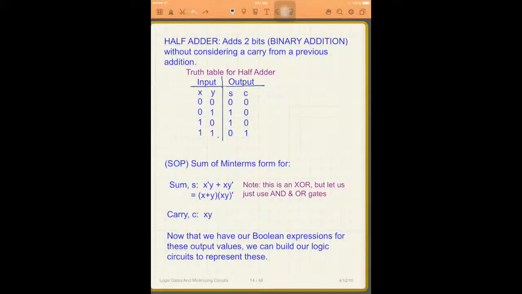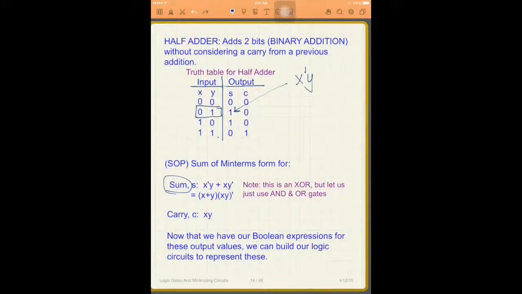Now we can get the sum of minterms form for this. If we look at the ones, you have to do 1 for the sum and 1 for the carry. So if I look at the sum to start with, because there's 2 outputs, I'm going to look at the 1 here. So I need to make this into a 1 and 1. So it's going to be x complement y.